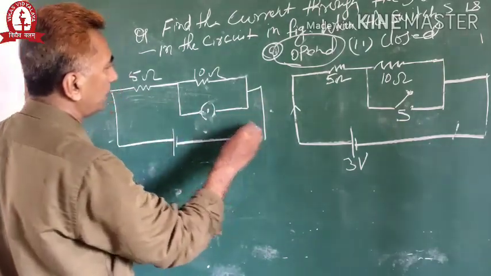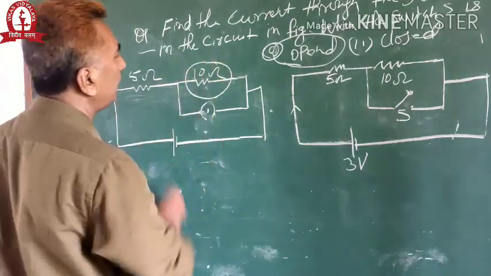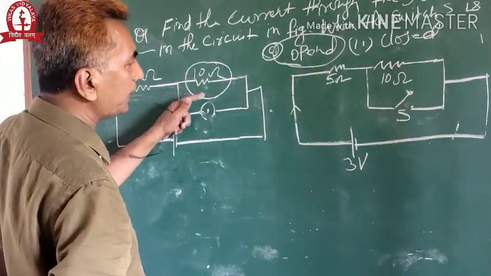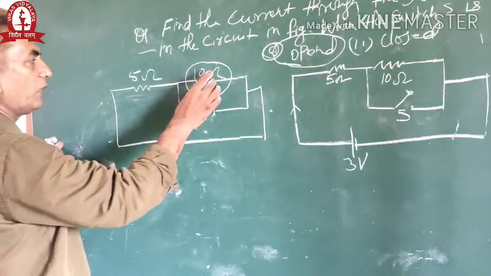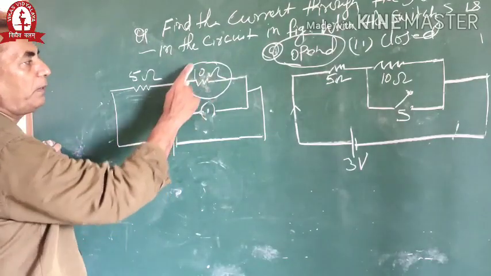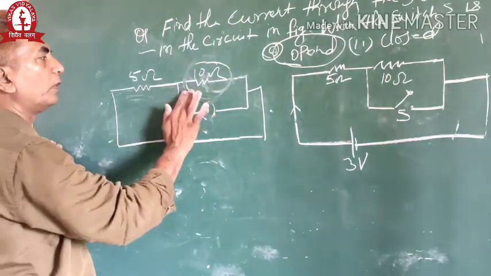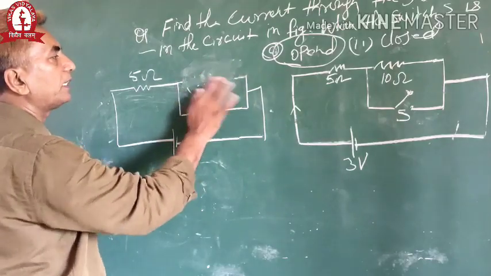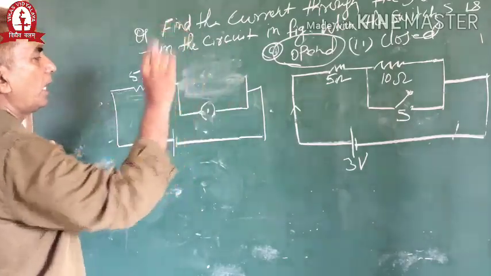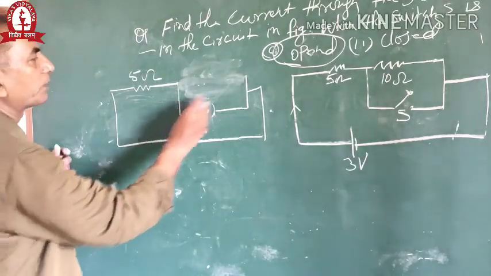That means the 10 ohm resistance is ineffective. There is no significance of 10 ohm in the circuit because no current is passing through it. So there is no need to mention this. This is ineffective. Now the circuit would be like this.